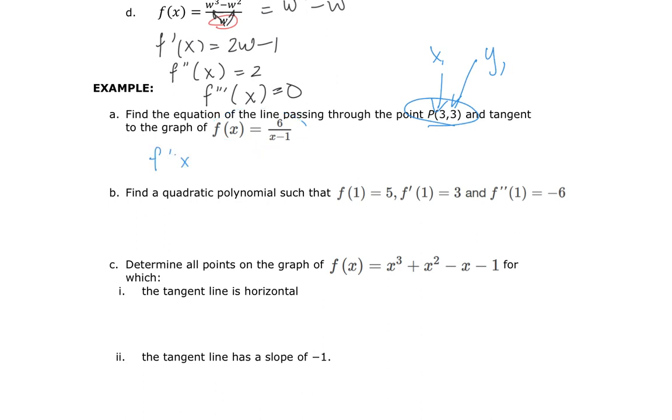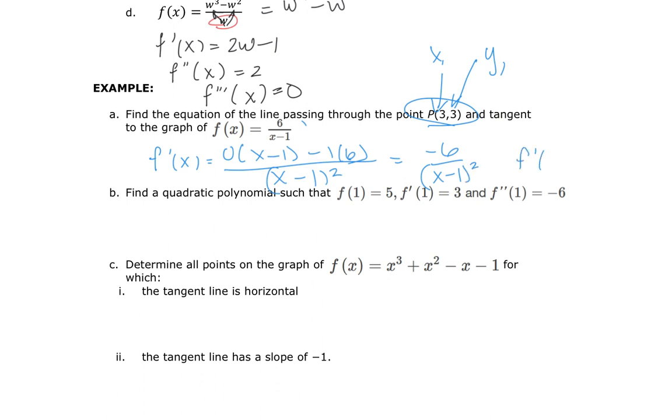F prime of x is going to be equal to, well, the numerator is 6, and the derivative of 6 is 0 multiplied by the denominator, minus the derivative of the denominator is 1 multiplied by the numerator, which is 6, all over the denominator squared. So in other words, I get negative 6 over x minus 1, the quantity squared.